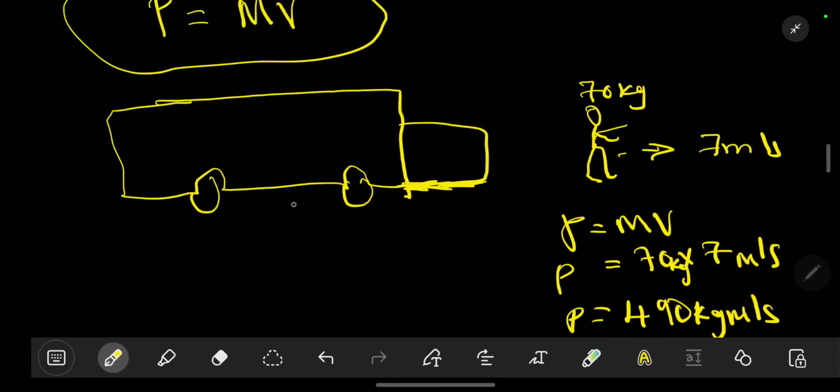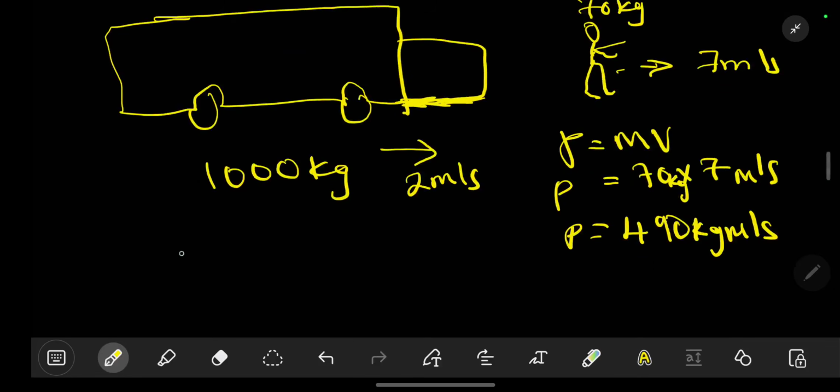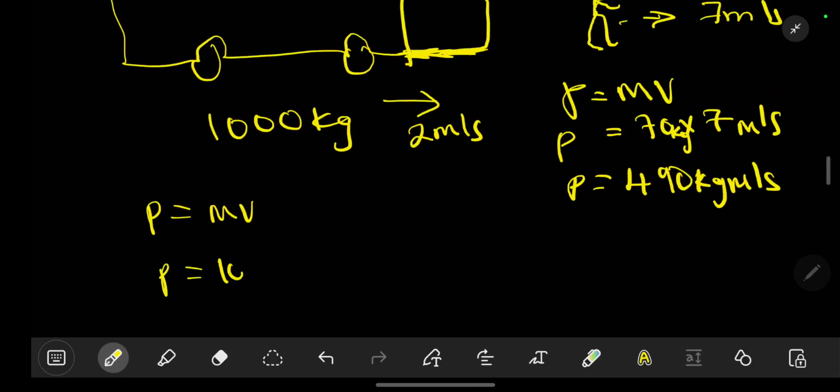Now, on the other hand, let's say a car weighs 1000 kg and is moving at a speed of 2 meters per second. Its momentum will be equal to the mass times the velocity, which is 1000 kg times 2 meters per second.